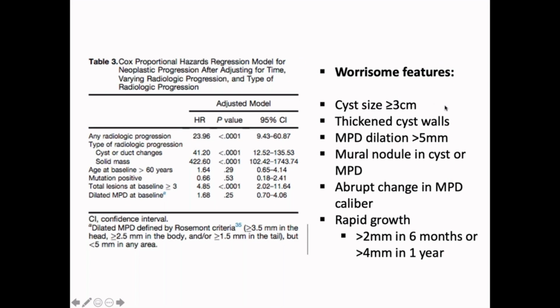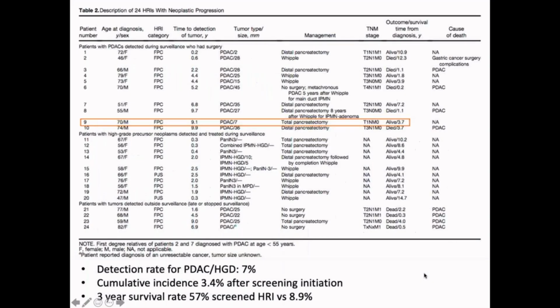Worrisome features for progression to pancreatic adenocarcinoma and high-risk lesions are large cyst size, thickened cyst walls, mural nodules in the cyst or within the main pancreatic duct, a large pancreatic duct, abrupt changes in the main pancreatic duct, and rapid growth over a short time frame during surveillance.